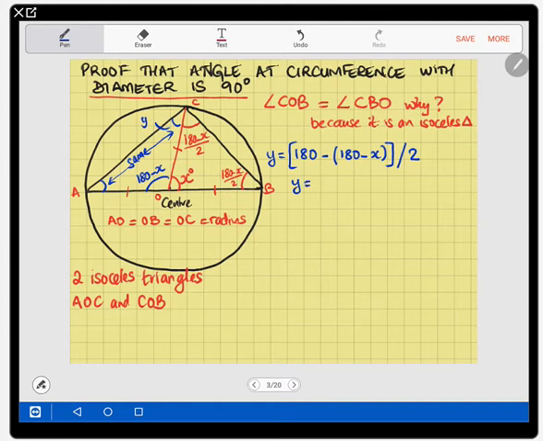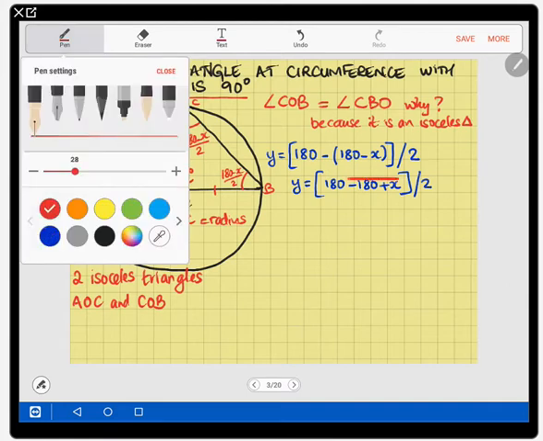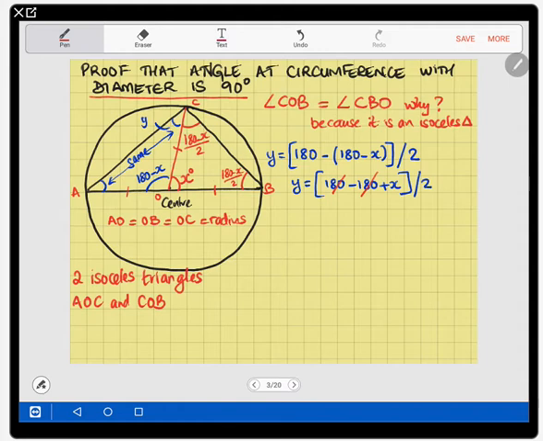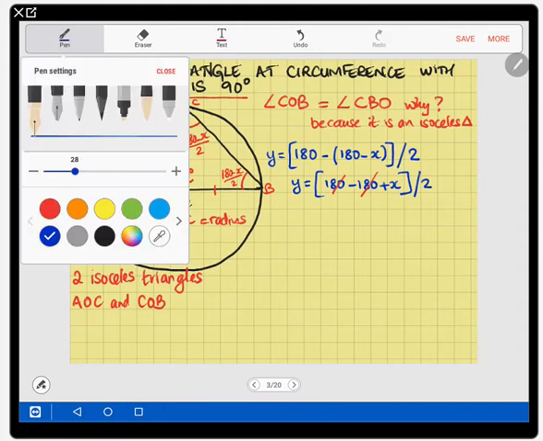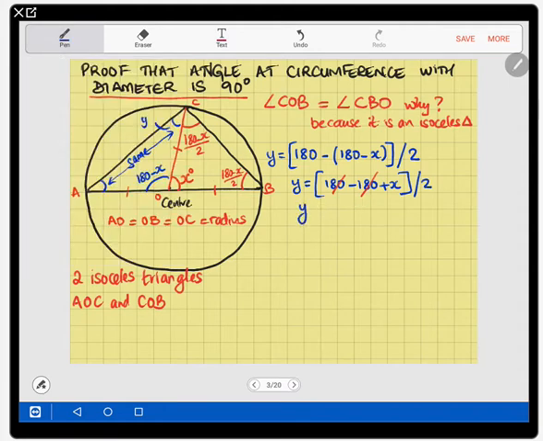Y will be this bracket here, 180 minus 180 plus x, divide by 2. Then, as you can see, this becomes 0. Y is equal to x divided by 2. You agree?